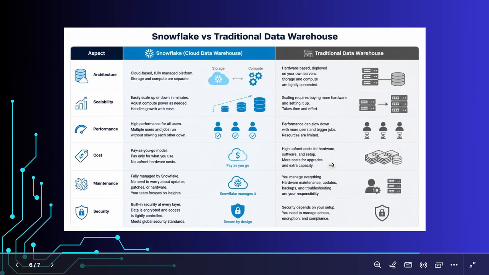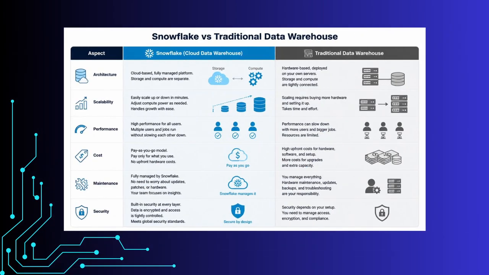So the next topic is Snowflake versus traditional data warehouse. Now let's tie everything together with this comparison slide, Snowflake versus traditional data warehouse across six key aspects. You can see on the screen the left column is Snowflake and the right is traditional.